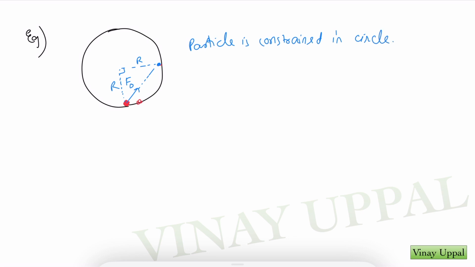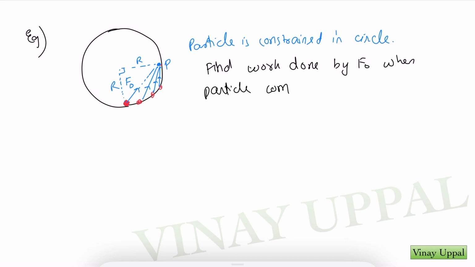As the particle travels, the direction of the force keeps on changing, but it's always directed towards this point, let's say point P. The question is asking, find the work done by the force when the particle completes the quarter circle.